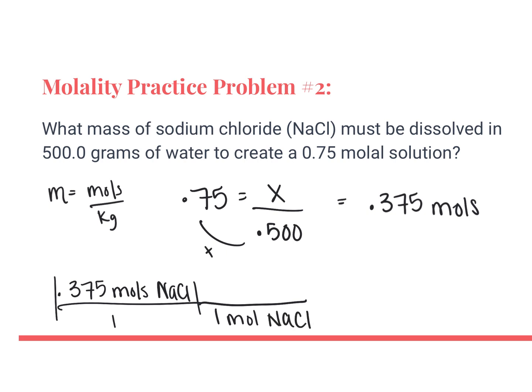Okay, you got to multiply it by molar mass. Okay, so 22.99 plus 35.45. Okay, so 58.44. So then what's 0.375 times 58.44?